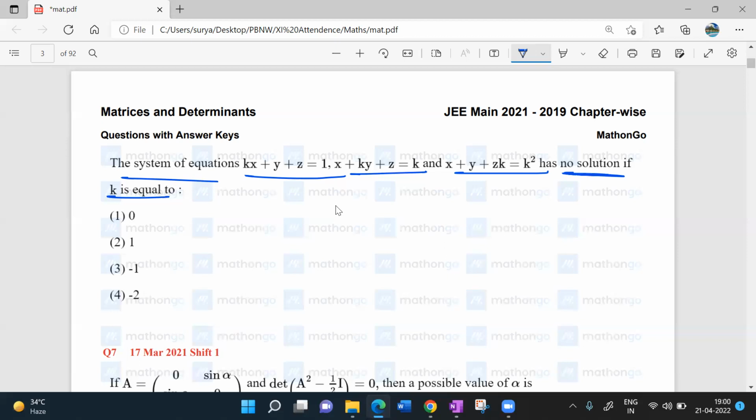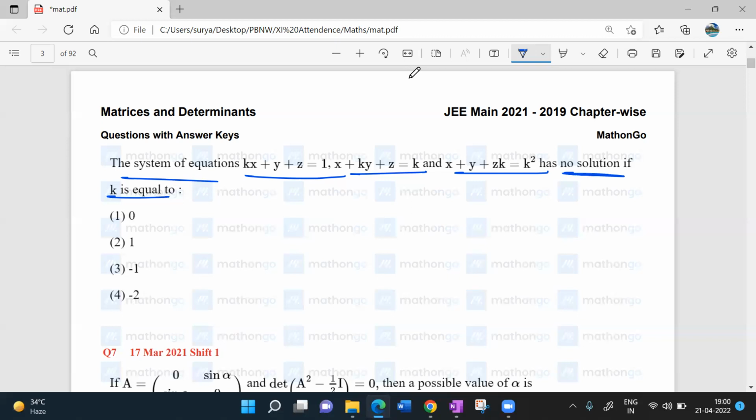Quick. No solution is given. Make it fast.